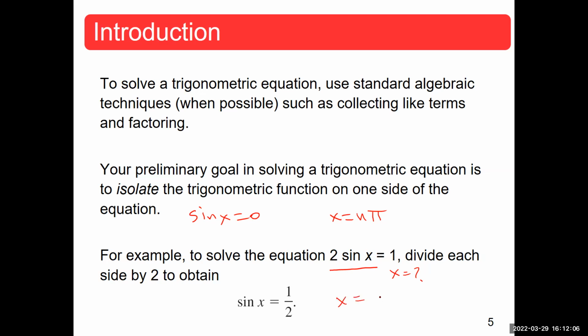Okay, x equals sine inverse of half. 0.52. Well, you got it in radian. Basically, in radian it is pi over 6. Divide this pi over 6. How much is that? It should be 0.52, whatever.